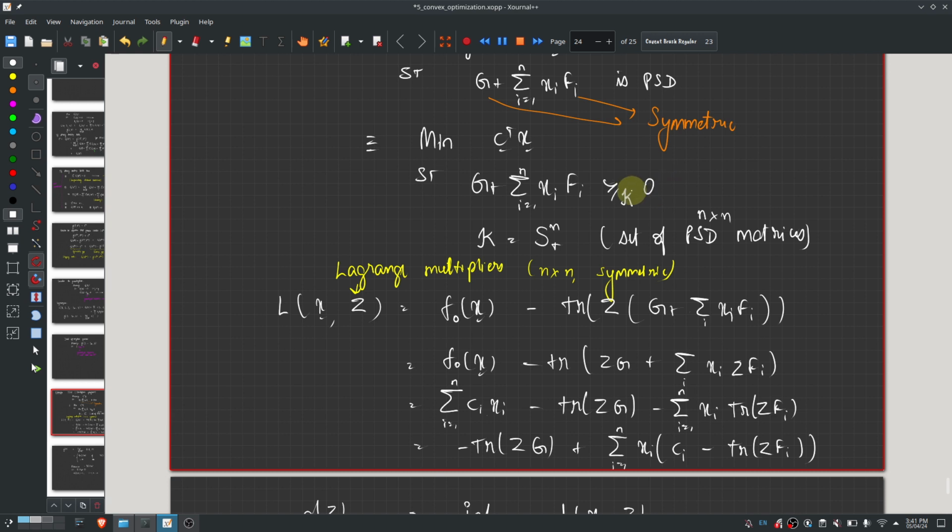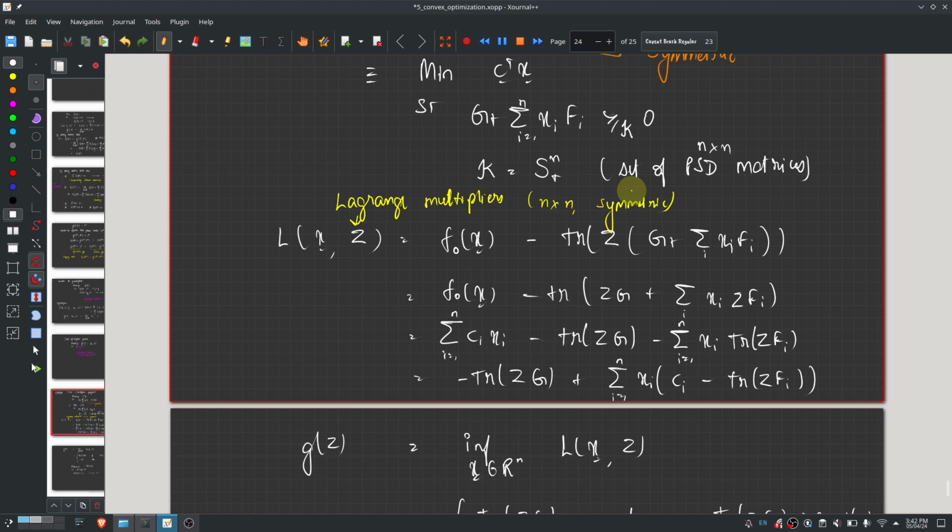Remember the properties of the generalized inequalities: if x is less than or equal to y, then x plus z is less than or equal to y plus z.